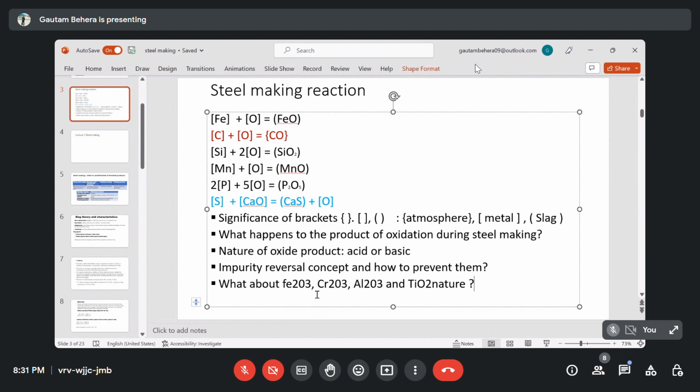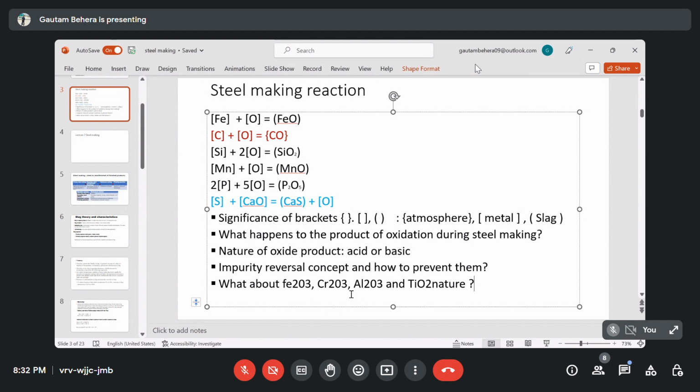It acts as a base. And if the nature of slag is basic, then the particular amphoteric oxide will act as acidic, just opposite to the nature of slag, right? And just have a look, these Fe2O3, Cr2O3, Al2O3 are amphoteric oxides. You have to remember these examples.